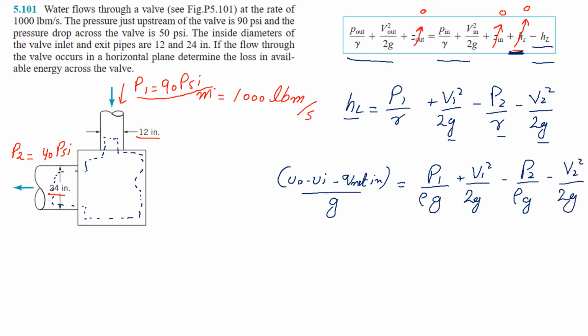So to cancel out these gravitational acceleration terms, I am going to multiply both sides by gravitational acceleration. So this is what my equation will now look like.